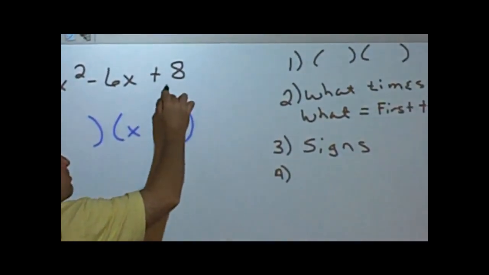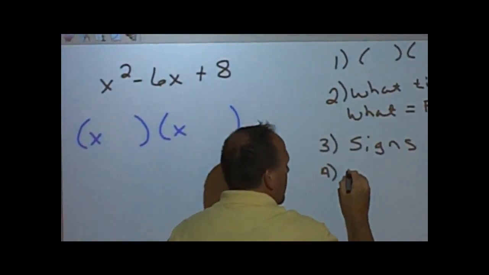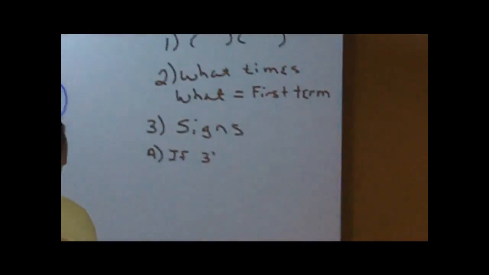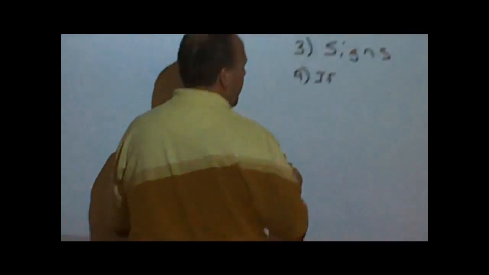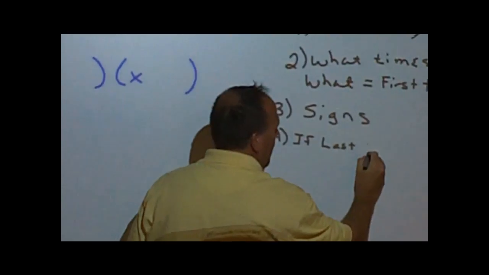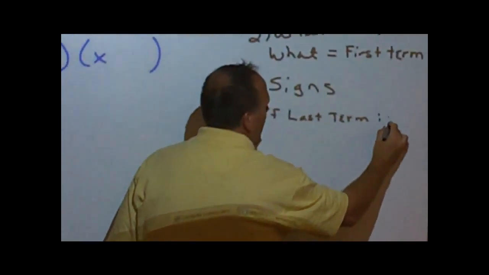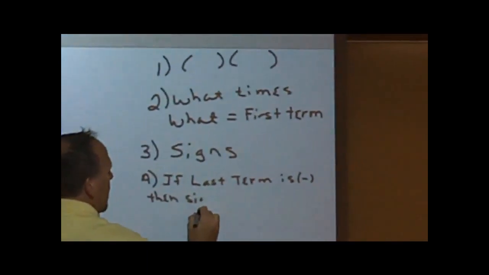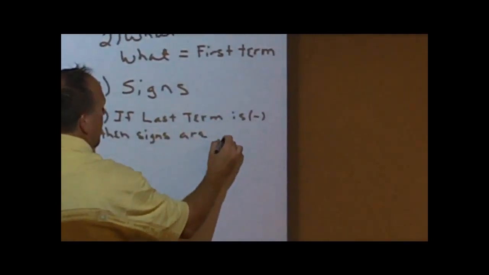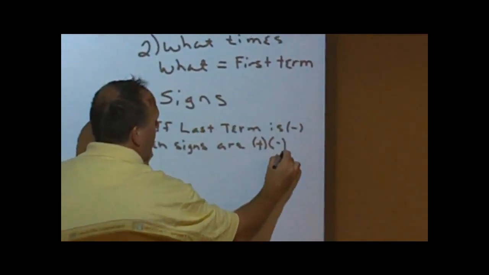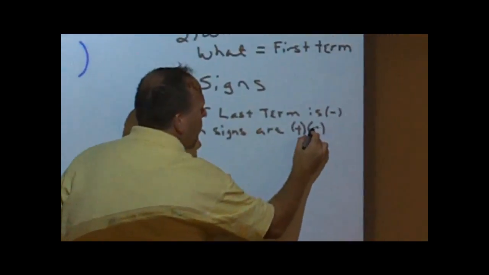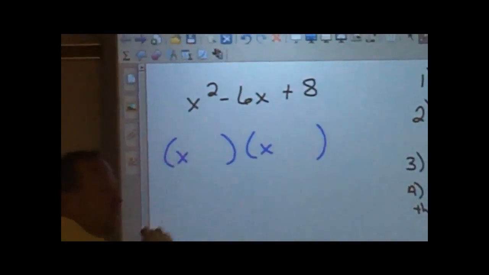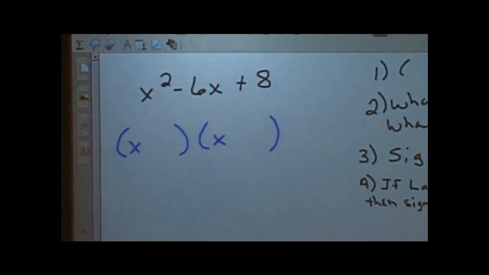If the last term is negative, then the signs are one plus, one negative. So the signs will be opposite. If this last term is negative, your signs are opposite. Okay? Everybody understand that?